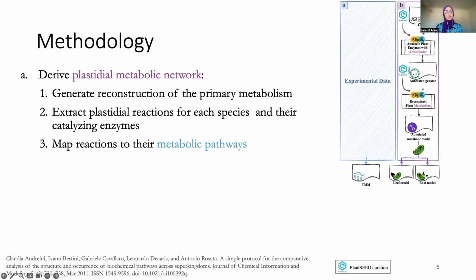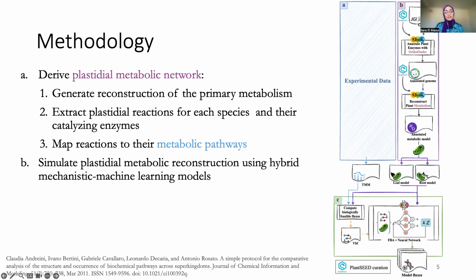And we have one for leaf and one for root because the leaf can use light, but the root cannot. And then we use this metabolic network and the transcriptome to compute the biologically feasible fluxes. And then from there, we use those for the machine learning simulation. I'm going to go through each of these steps in the next slides.